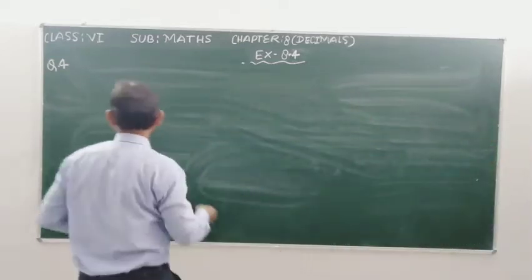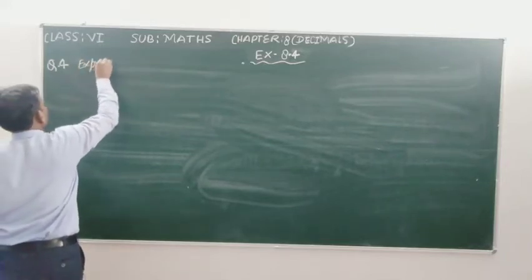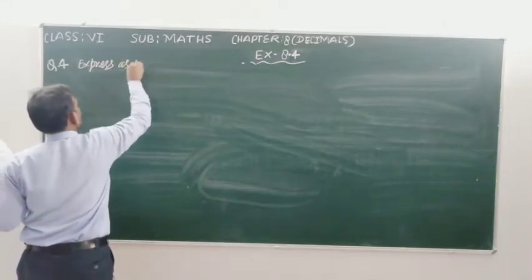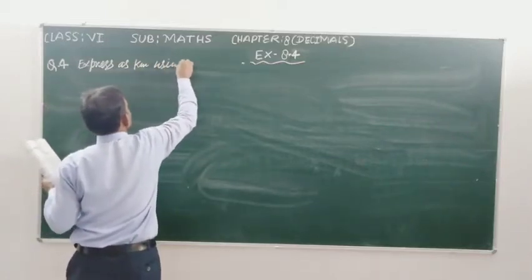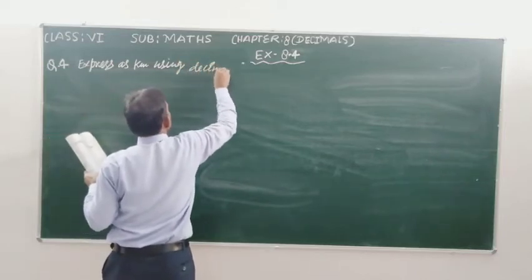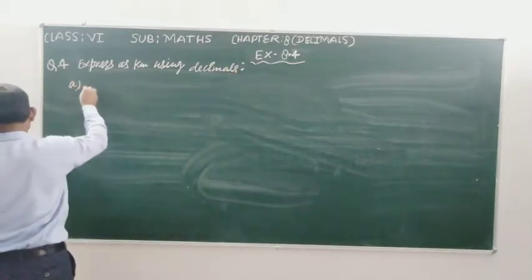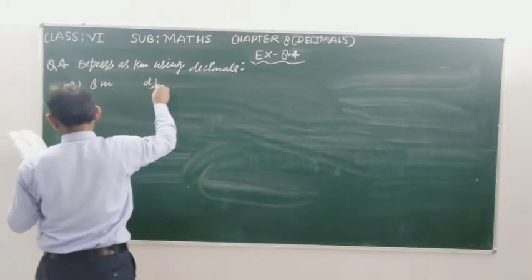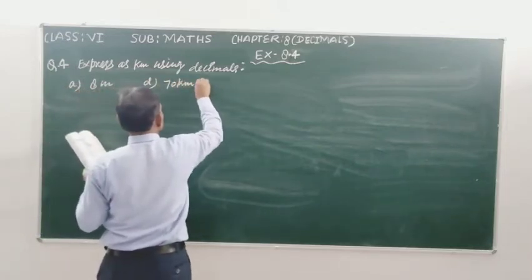Question number 4 is saying student, express as kilometer using decimals: per day 1 meter, and per day 70 kilometer 5 meter.